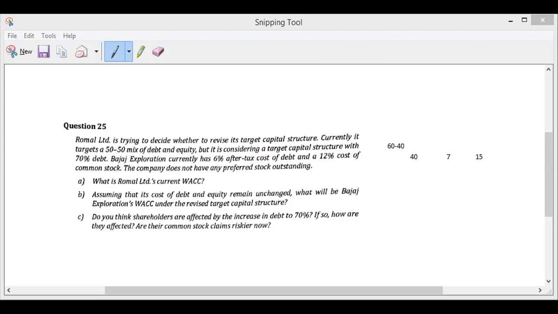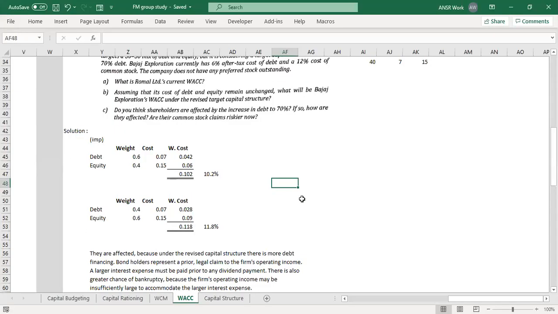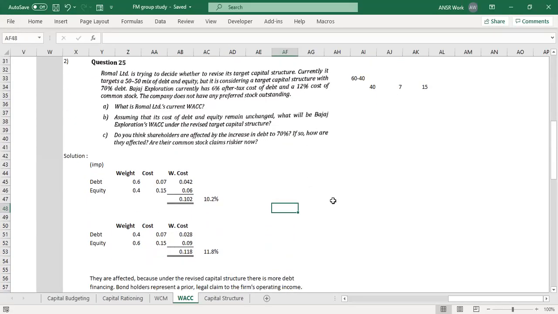So for that 11.8, what are we calculating exactly? I got really confused. I've only come till 10.2%. Give me one second, let me share the screen. Okay, here it is. Can you see in the second one, your weight is changing, right? The new revised cost of debt: the weight of debt is how much? 40%, right? Where is it mentioned?